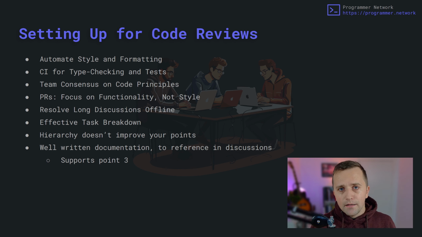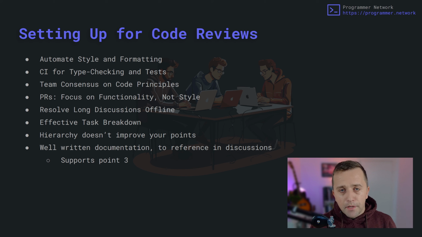Those tiny things, of course, are important and you should not neglect them completely, but your whole perception of code reviews should be, okay, now I have the actual ability to learn what my colleague is doing. So I can learn the code base, I can learn what they're doing and why, right?